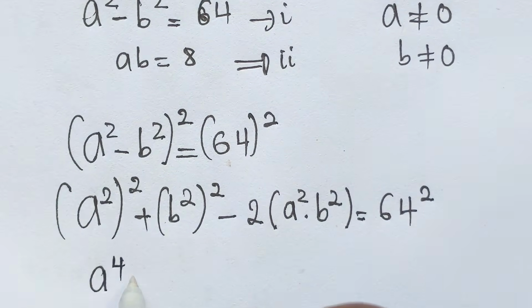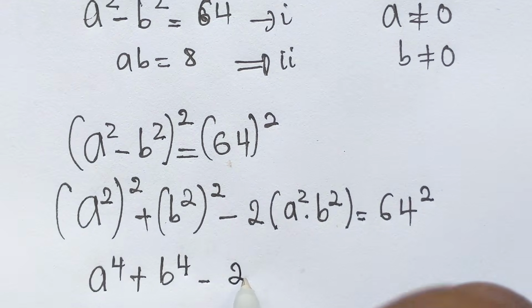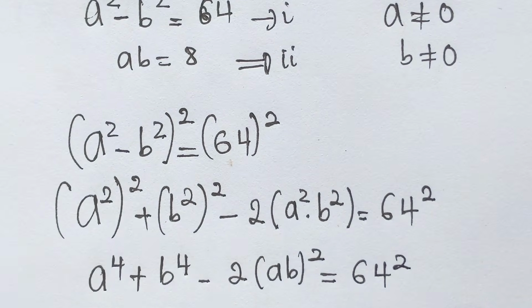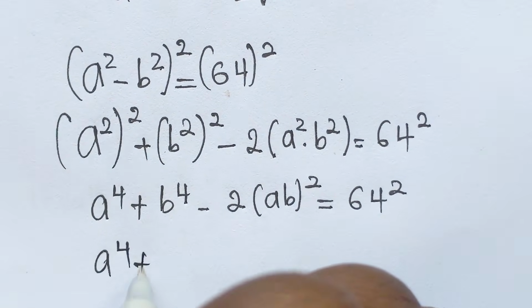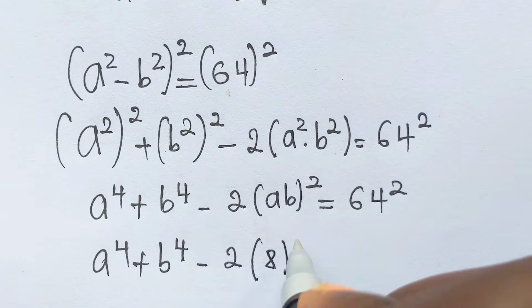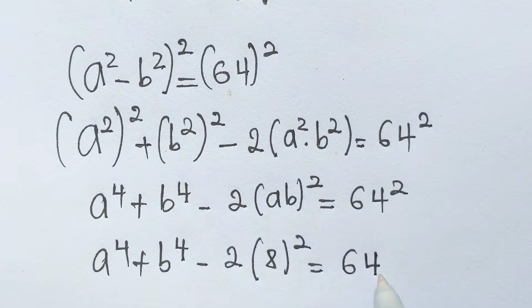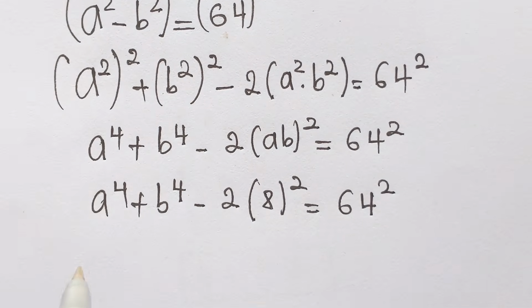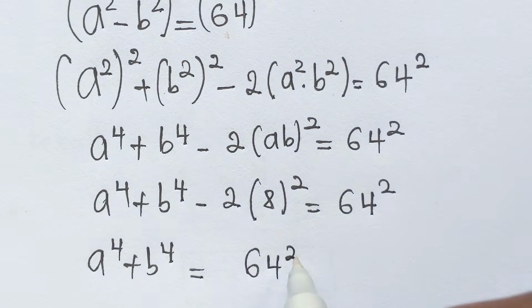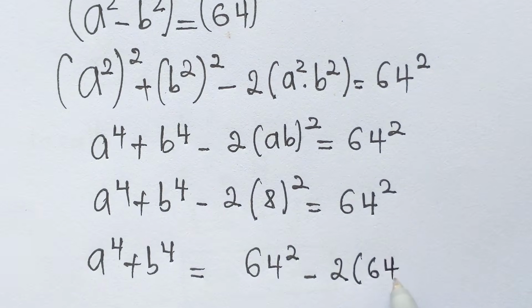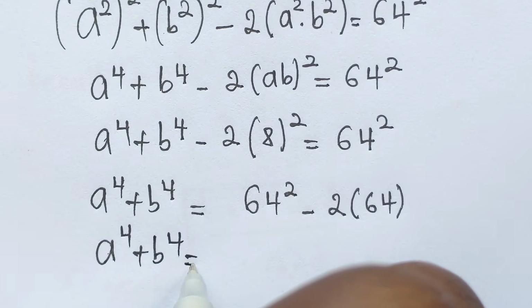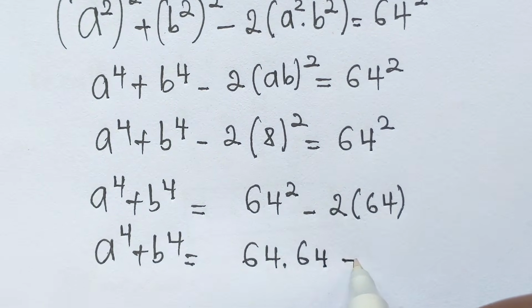This will provide a power 4 plus b power 4 minus 2 times ab squared, which is equal to 64 squared. a power 4 plus b power 4 minus 2 times ab, we have seen that is equal to 8 squared, which is equal to 64 squared. And of course, a power 4 plus b power 4 will be equal to 64 squared minus 2 times 64.